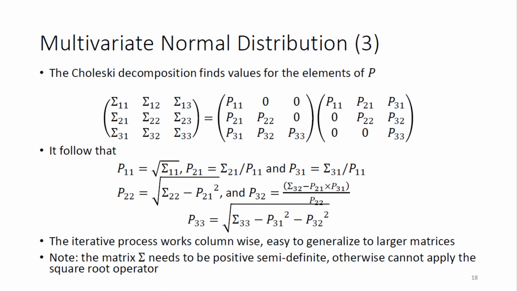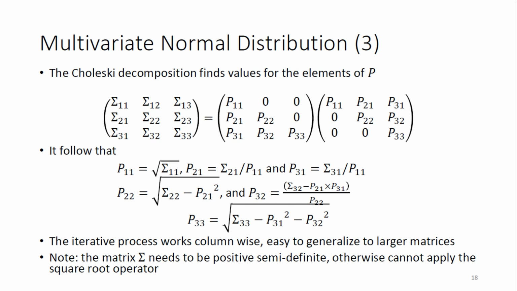Then the matrix P is a lower triangular matrix that, if I multiply it with its transpose, should give the covariance matrix. Lower triangular means that in the upper triangular part there are zeros, and I introduce P11, P21, P31, P22, P32, and P33 as the elements in the lower triangular part of this P matrix.